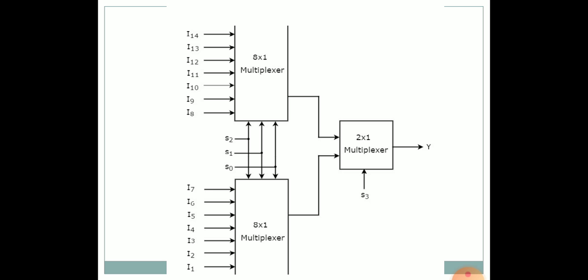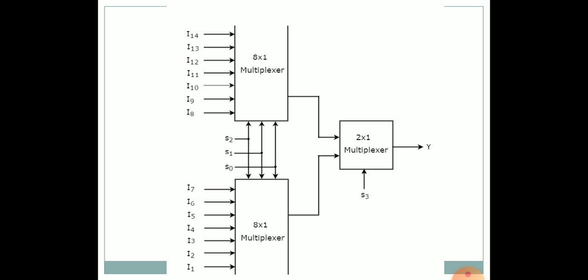In the same way, the second 8 cross 1 multiplexer is also designed here using 8 data input lines and 3 selection lines. That is the first stage of this circuit. And at the second stage, the output of these two 8 cross 1 multiplexers will be taken as input for the 2 cross 1 multiplexer.